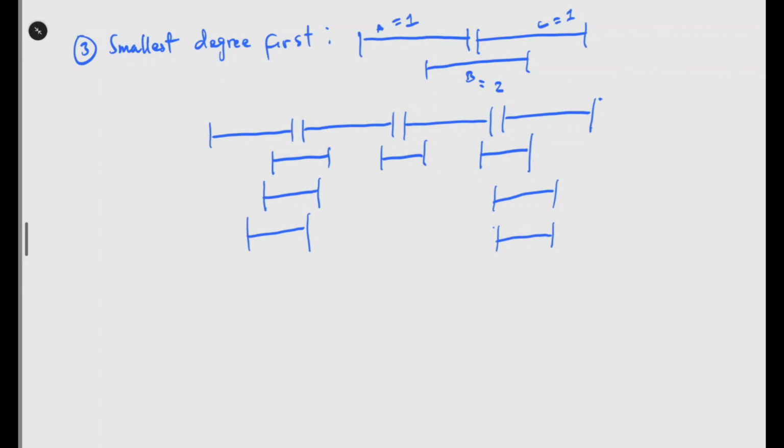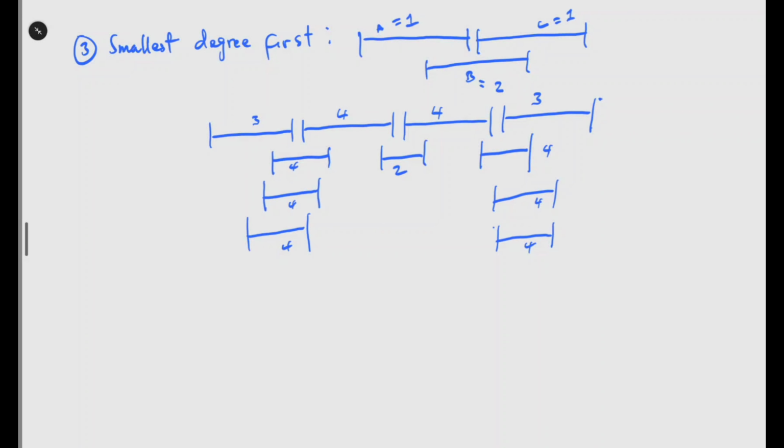Let's think about this. This has degree 3. This has degree 4 because it overlaps with this, and this. This has degree 4 also because it overlaps with this, and this. And this has degree 3. This has degree 4, degree 2, degree 4, degree 4, degree 4, degree 4, and degree 4.